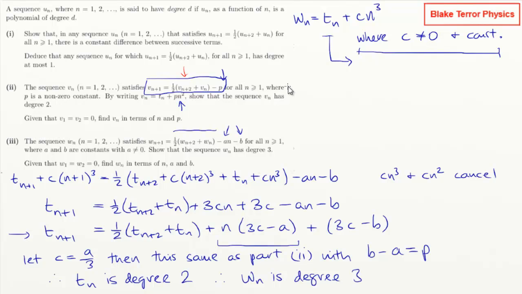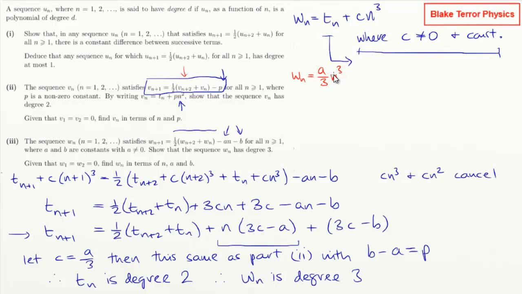So we know Wn. So what have I got for Wn? Right, so we know it's a cubic in n, and I know what c is, because c is a over 3. So I've got a over 3 n cubed, so that's definitely fine.